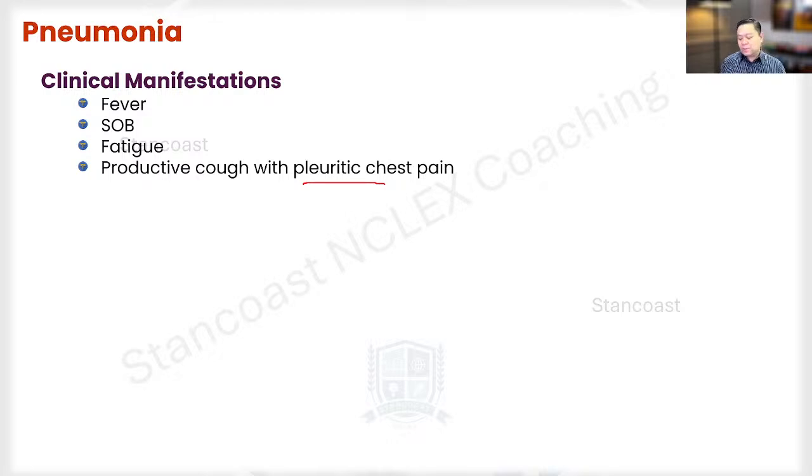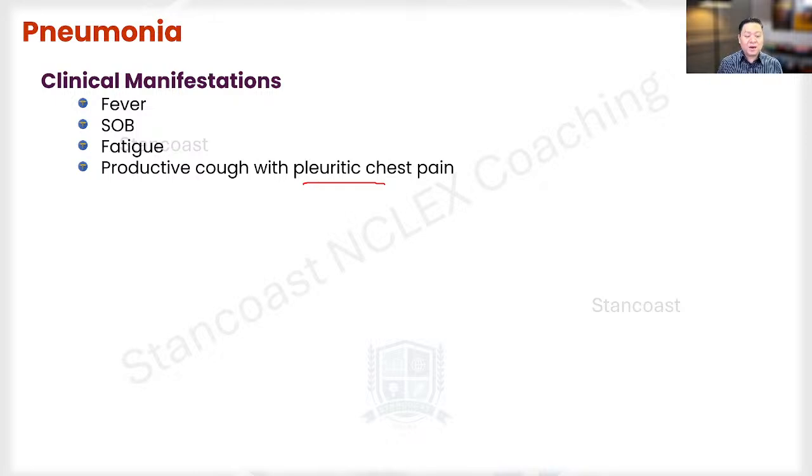And so it's very important for us to monitor the color of their mucus secretions or expectorate, and to check for any signs of pleuritic chest pain, because this is going to be one of the complaints that they might have. They will have a sharp pain in the chest that gets worse when they are taking deep breaths, or when they are coughing.